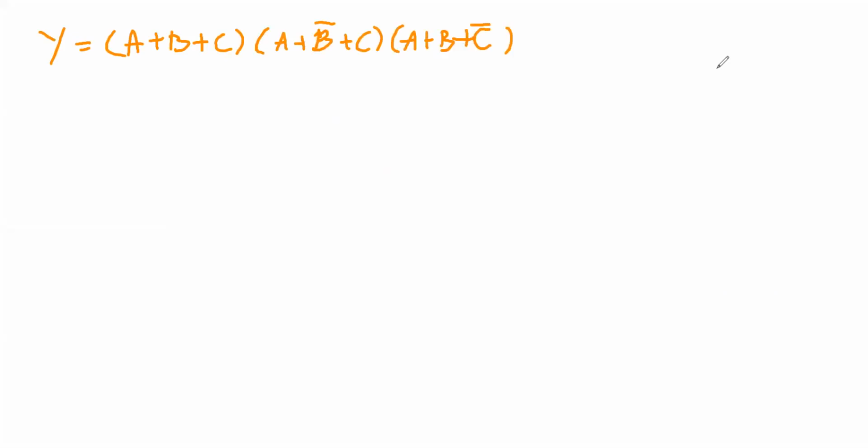Y is equal to A or with B or with C, A or with B complement, C. Using one Boolean expression, it depends. The answer will vary based on what logic you pick up and how far you can think and go. So start doing it yourself, then I will answer. Or else tell me how.